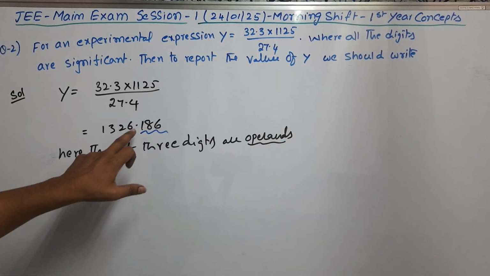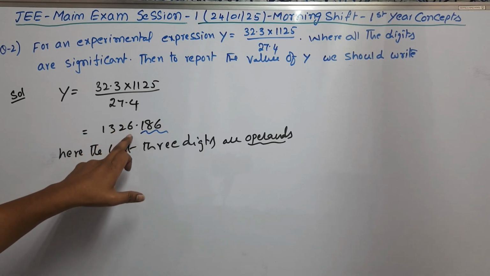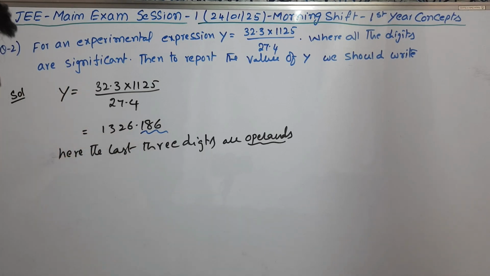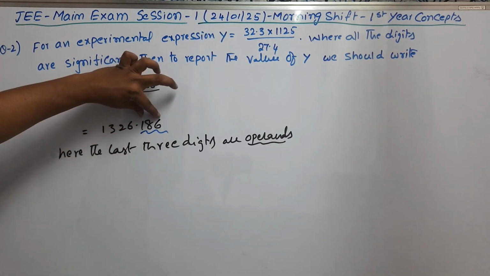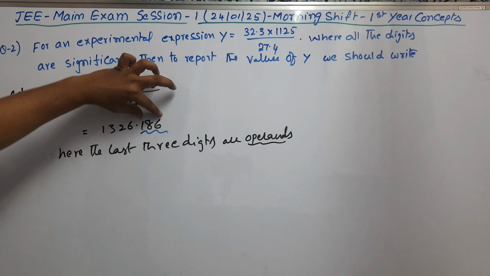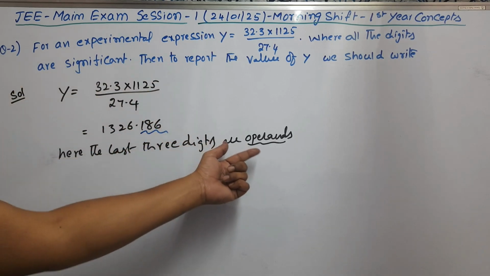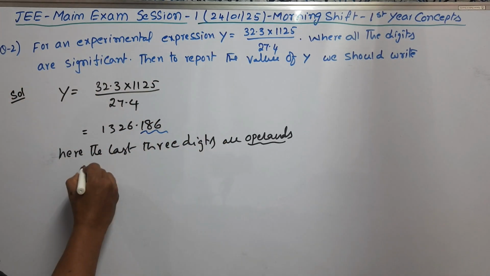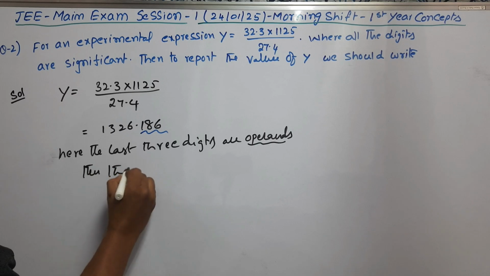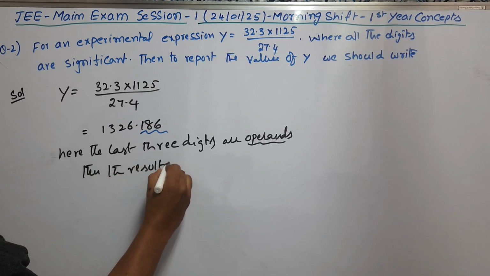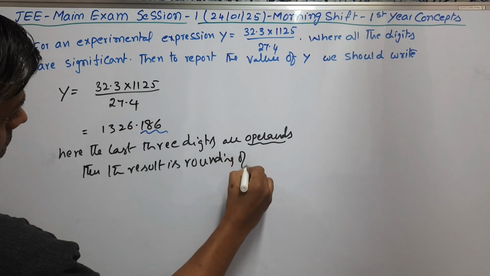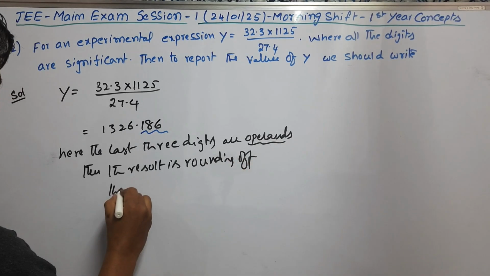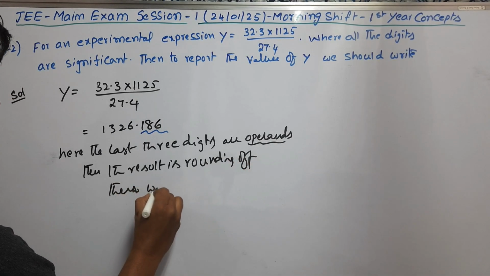While you are calculating this value with any device, any instrument, it is not that accurate. So these are expected values, and these expected values are called operands. Then the result is rounded off. Then we report the result.